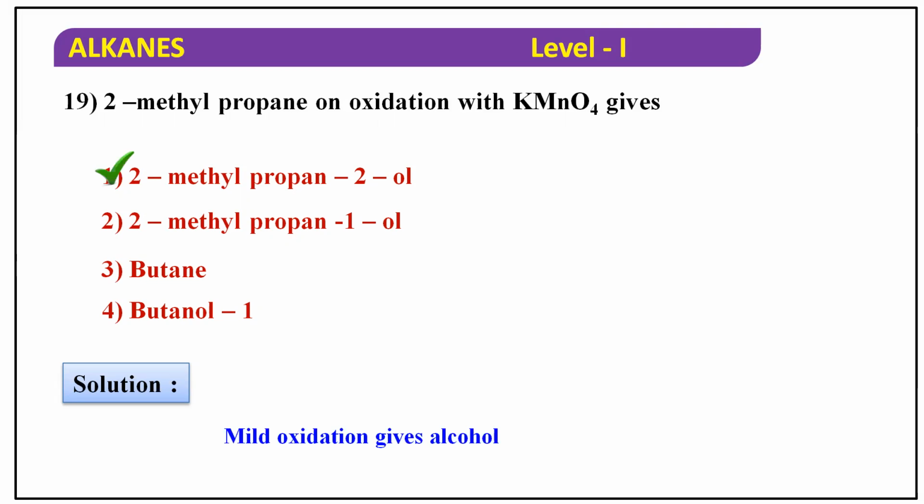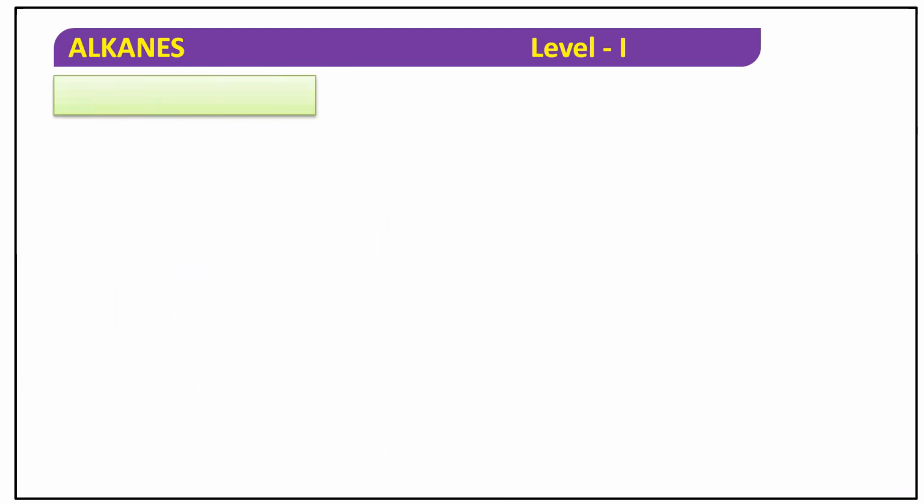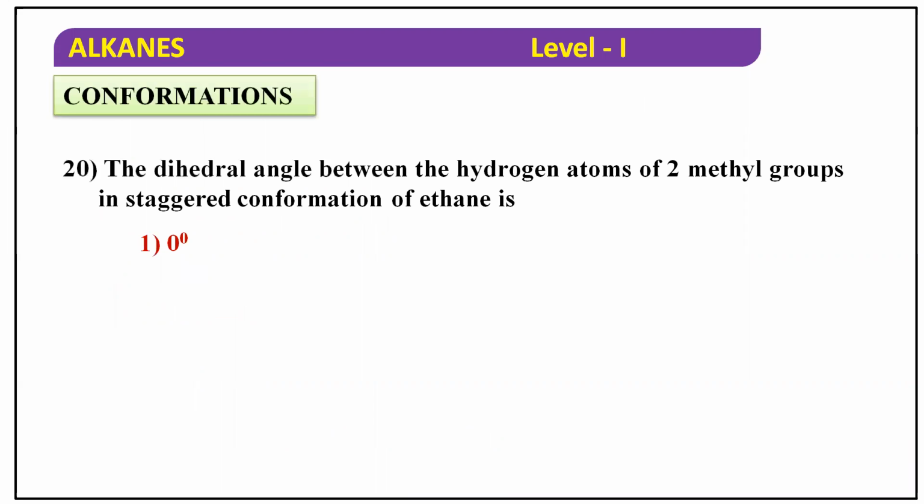So 2-methyl propan-2-ol. Mild oxidation gives alcohol. Okay, so these conformations we'll discuss next class.